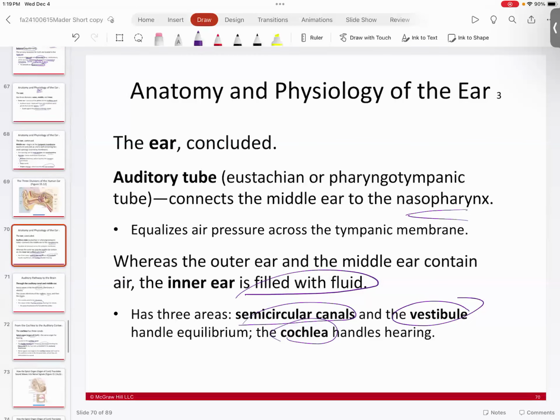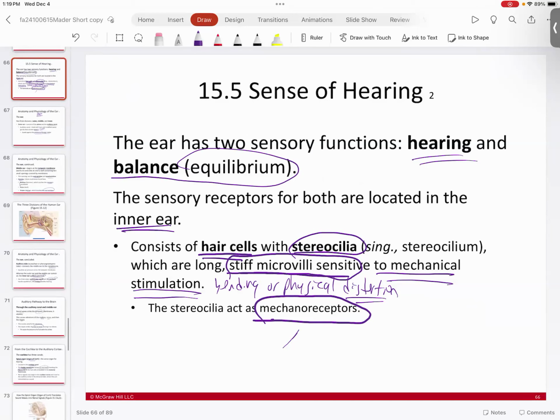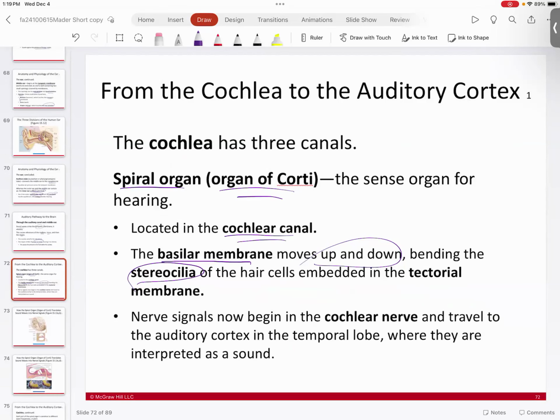We said that the stereocilia is this stiff microvilli structure that is mechanically or physically distortable. And that can basically trigger a mechanoreceptor. And so the basilar membrane, as it moves up and down, bends the stereocilia of these hair cells. And these are lodged in an immovable membrane called the tectorial membrane.